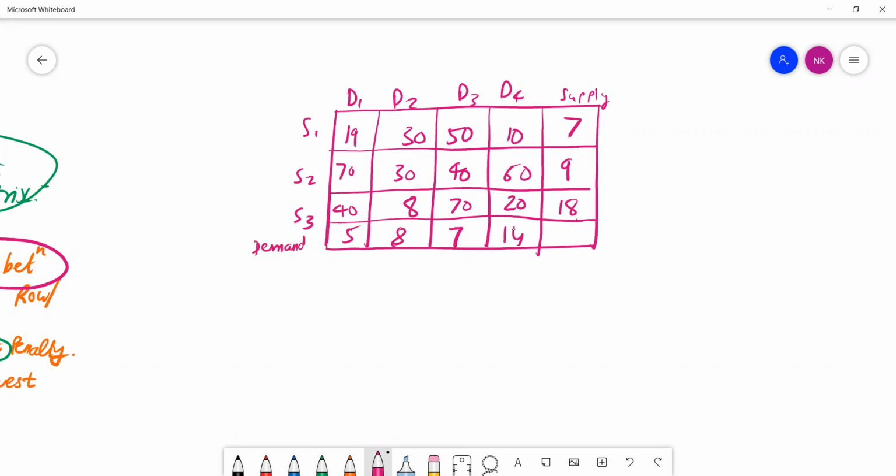Okay, so there is a question. Everybody just start doing this question quickly using Vogel's approximation method. I am giving you 5 minutes to solve it and then we will have the discussion. In 5 minutes you should be able to solve 2 or 3 penalties.